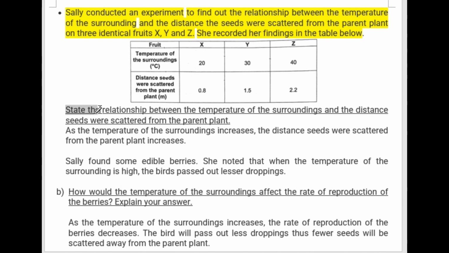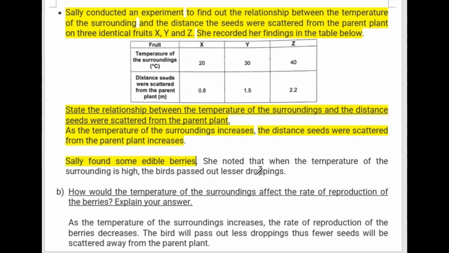State the relationship between the temperature of the surroundings and the distance seeds were scattered from the parent plant. As the temperature of the surroundings increases, the distance seeds were scattered from the parent plant increases.